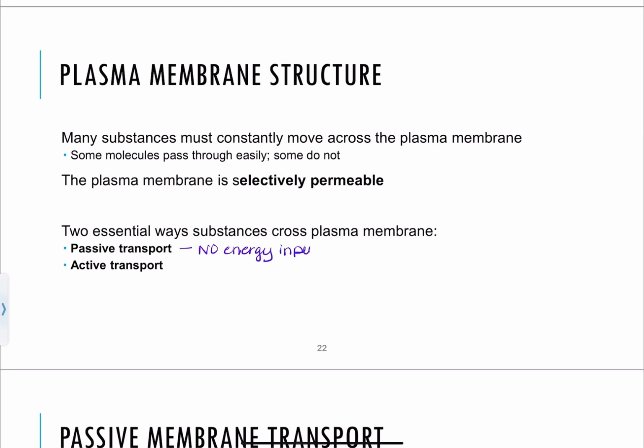We don't need to add any additional energy. When we talk about active transport, energy input is required, usually in the form of a molecule called ATP, but other molecules like GTP can function in that manner as well.